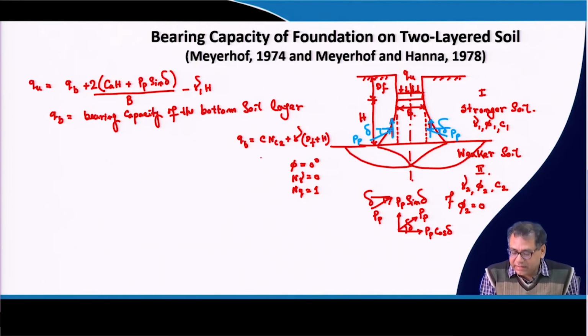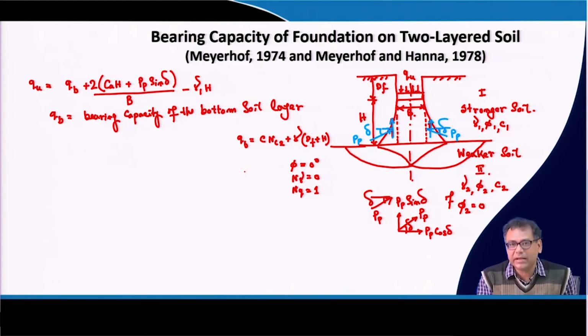Now, this way I can calculate the QB, but if you see gamma (D_f plus H), this H part we are basically taking twice. How am I saying that?